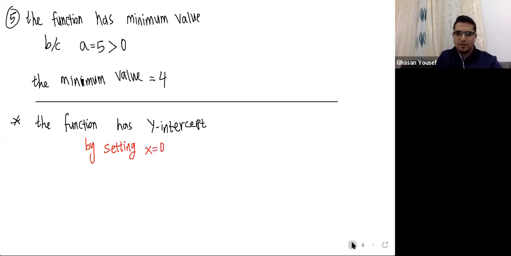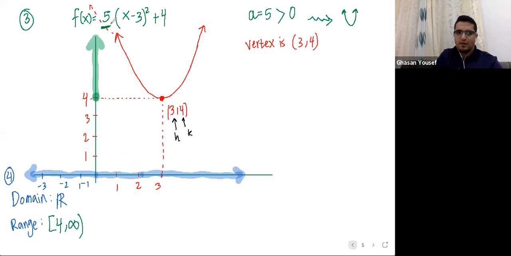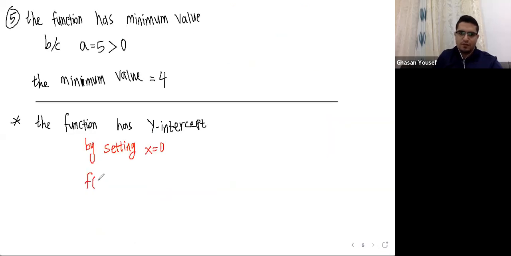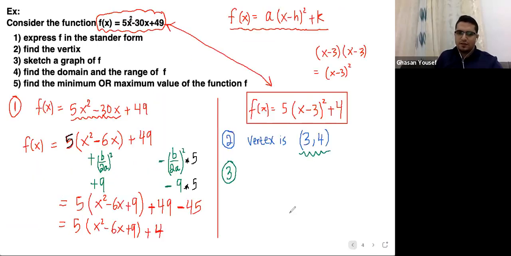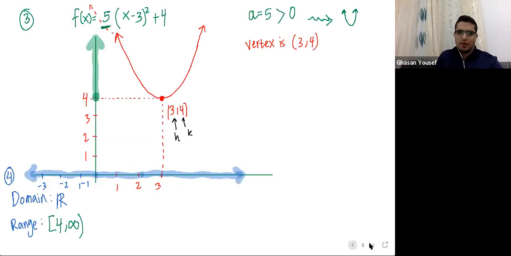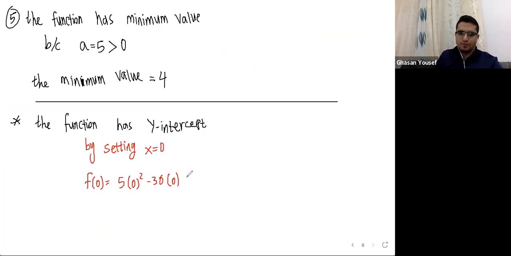So when you set x equals 0, I get f of 0 equals 5 times 0 squared minus 30 times 0 plus 49. And this is equal to 49. So this is my y-intercept.